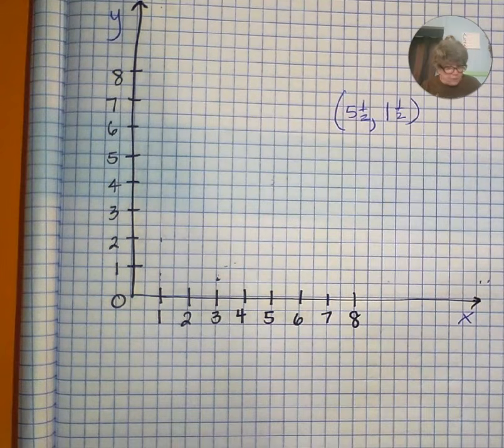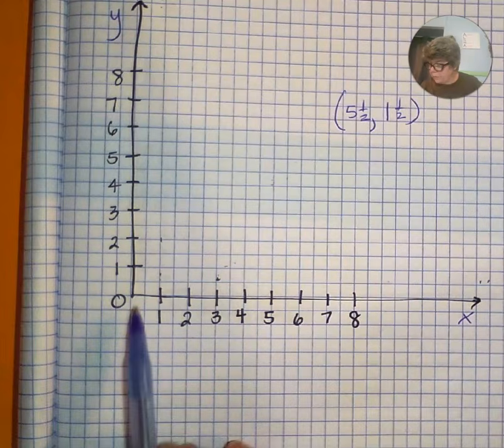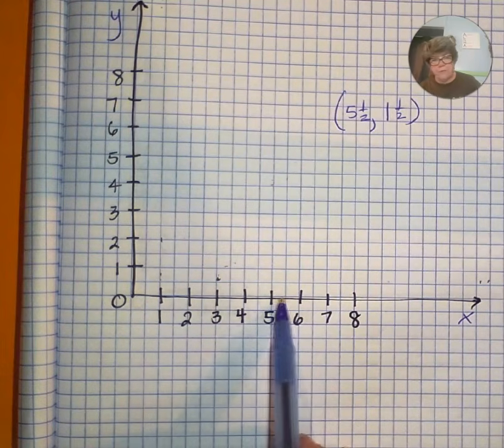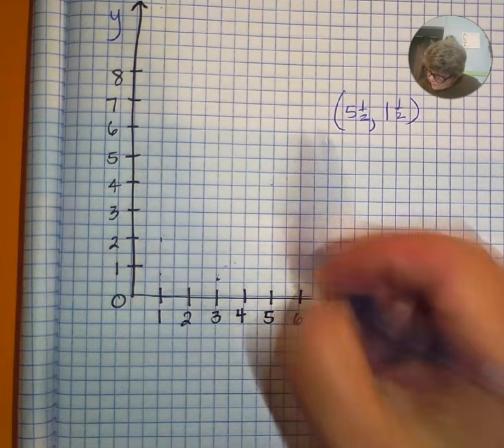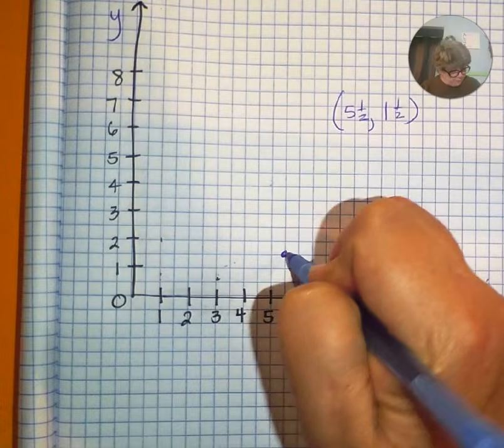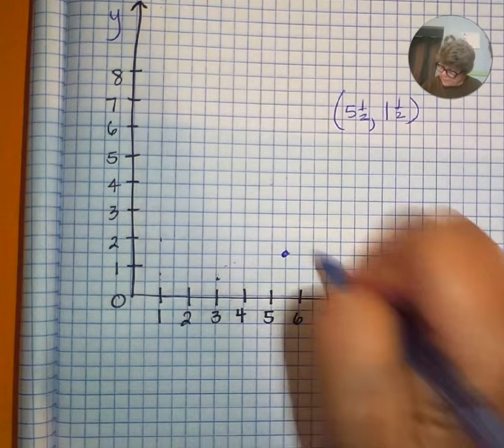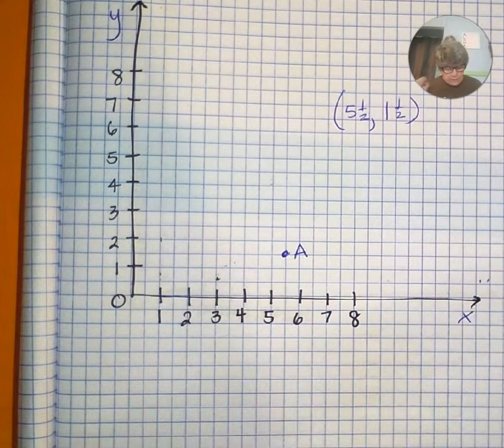So how could we plot this point? What do we need to do? Go to the right 5.5, go up 1.5. Go to the right and go up. And we said that that was A. Very good.